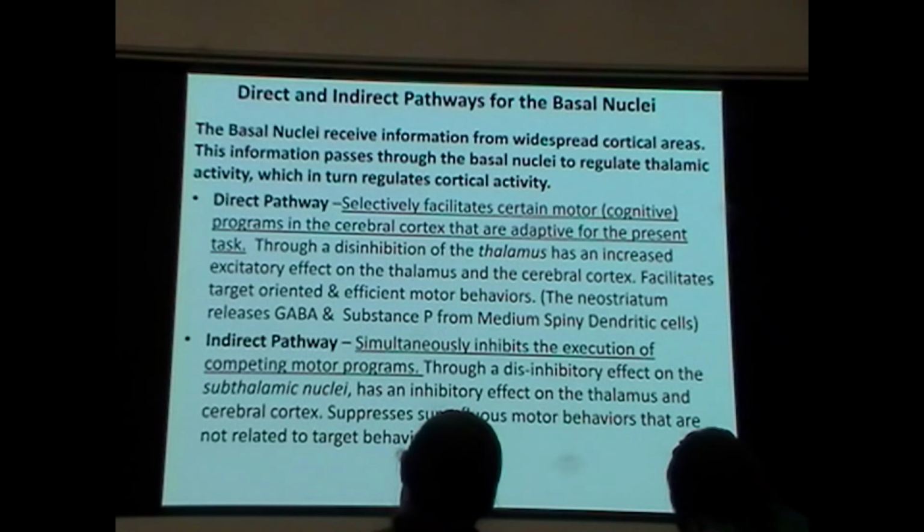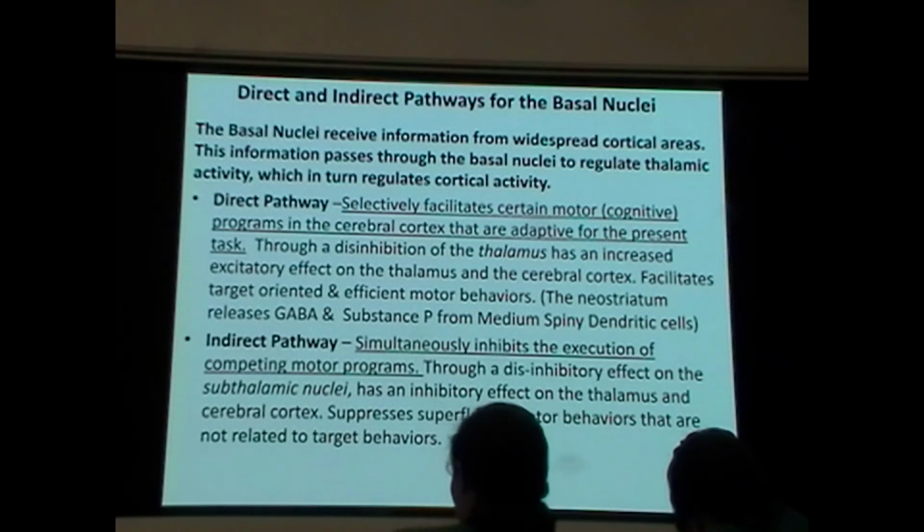The indirect pathway simultaneously inhibits execution of competing motor programs, and it does this through a disinhibitory effect not on the globus pallidus interna, but on the subthalamic nuclei. And you see the subthalamic nuclei, then being released, will have an excitatory effect on the globus pallidus interna, causing the globus pallidus interna to release more gamma-aminobutyric acid onto the thalamus and inhibit an increase in movement.